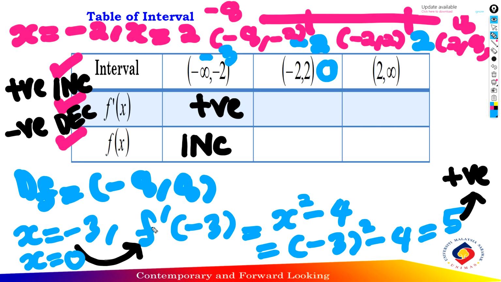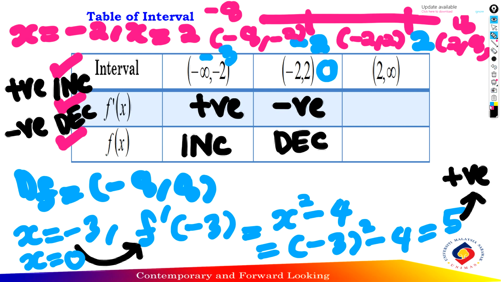This one you just use the calculator. Okay, x equal to 0, and then the sign equals negative. Okay, and then f(x) decreases.